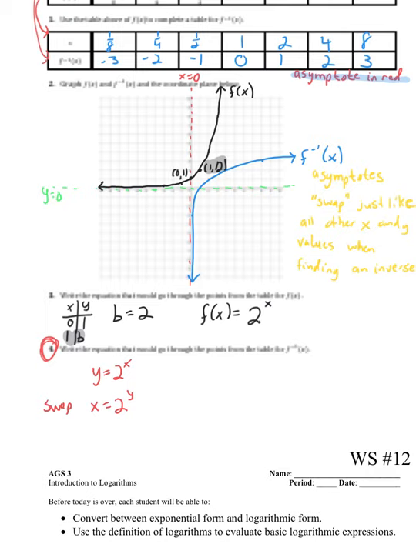And then I can't square root both sides because it's not a square root, I have to take the y root of both sides. So it'd be like the y root of x equals 2. But then that's not going to get y by itself. I want to get y by itself. So this is where we talked about at the end of mod 1. We don't really have a good way of finding the inverse for this yet. And that's what we're going to start talking about today in class, specifically finding the inverse of this type of equation.